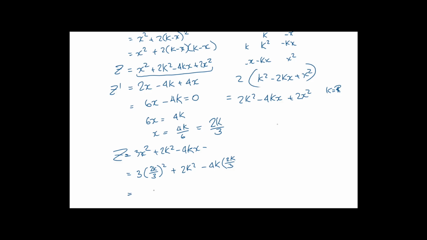Okay, so when we multiply that out, it's going to be 4k squared plus 2k squared minus, what is this, 8k squared over 3.